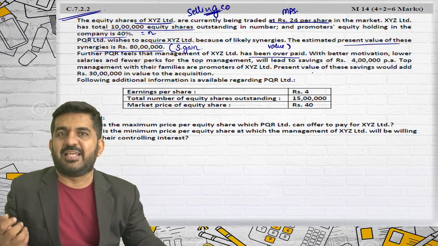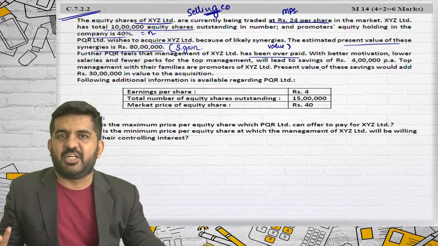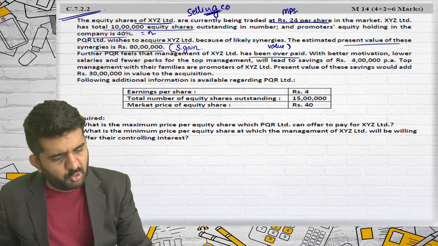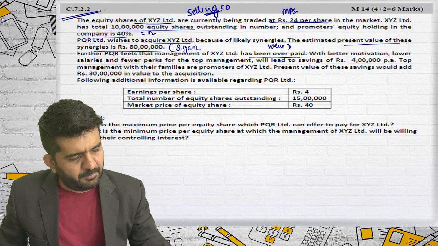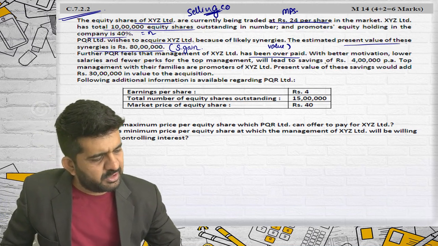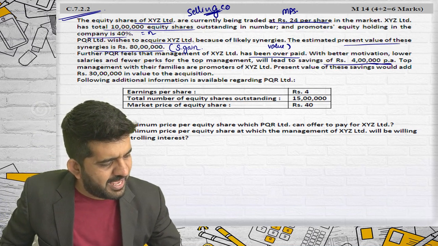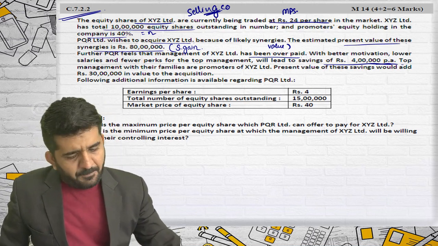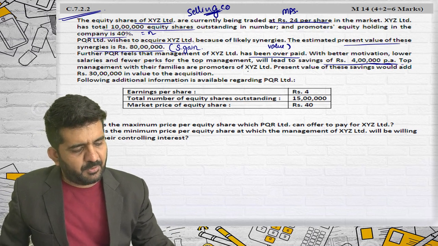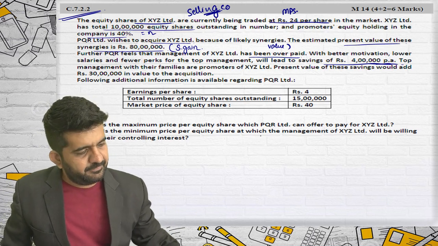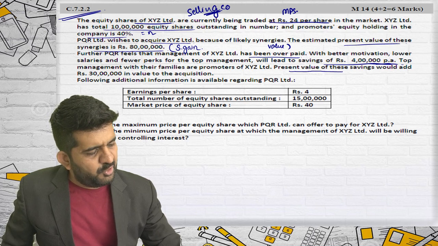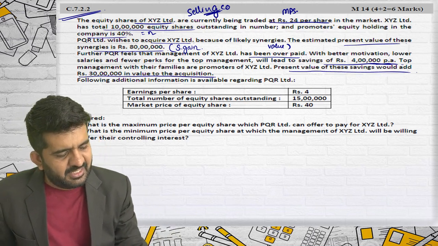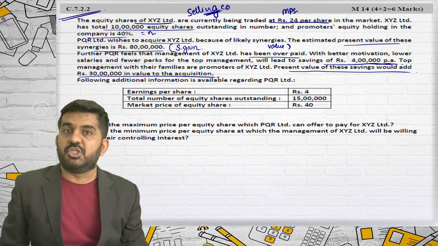So their salary as CEO, managing director, financial director is high. With better motivation, lower salaries and fewer perks for the top management will lead to a savings of 4 lakh rupees per annum. Top management with their families are promoters of XYZ Limited. The present value of this savings would add rupees 30 lakh in value of acquisition.